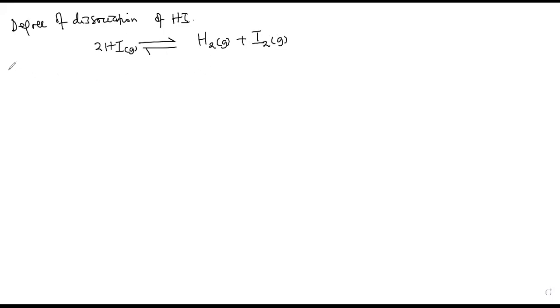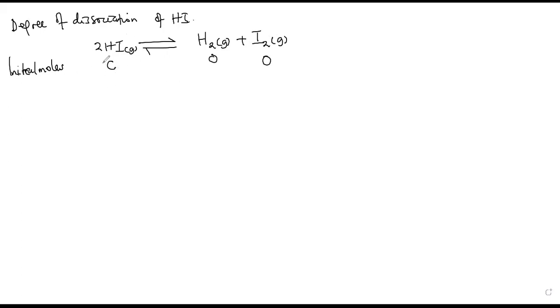So for the initial moles, if I rate it to be C, this one will have nothing and this one will have nothing, because now it is this one dissociating.